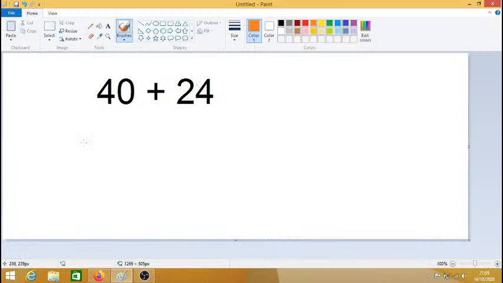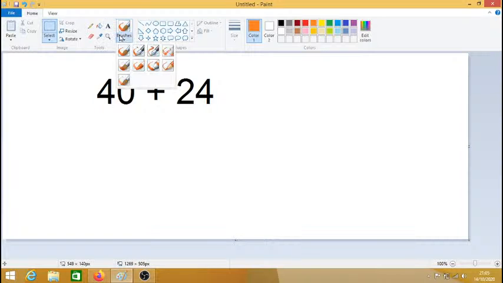And you could choose small ones like 1. 1 can make 40, 1 times 40. 1 can make the 24, 1 times 24. But you don't want to pick small ones, you want to pick the biggest one possible.